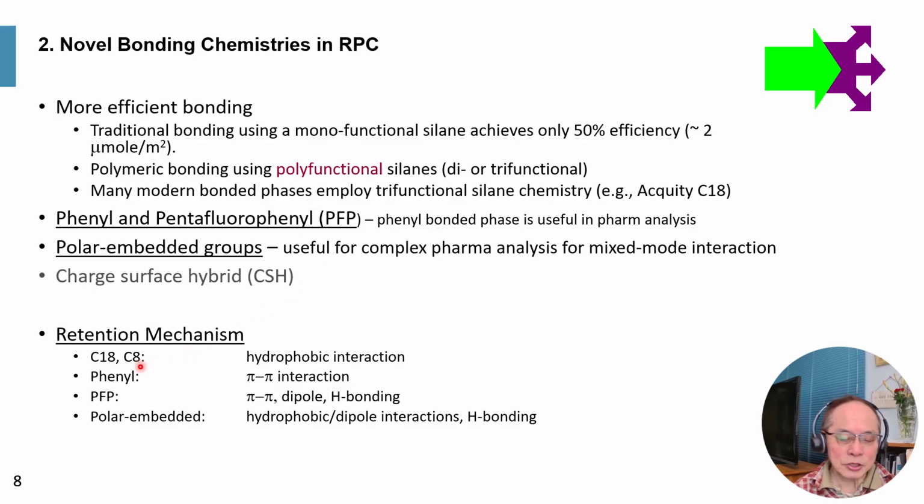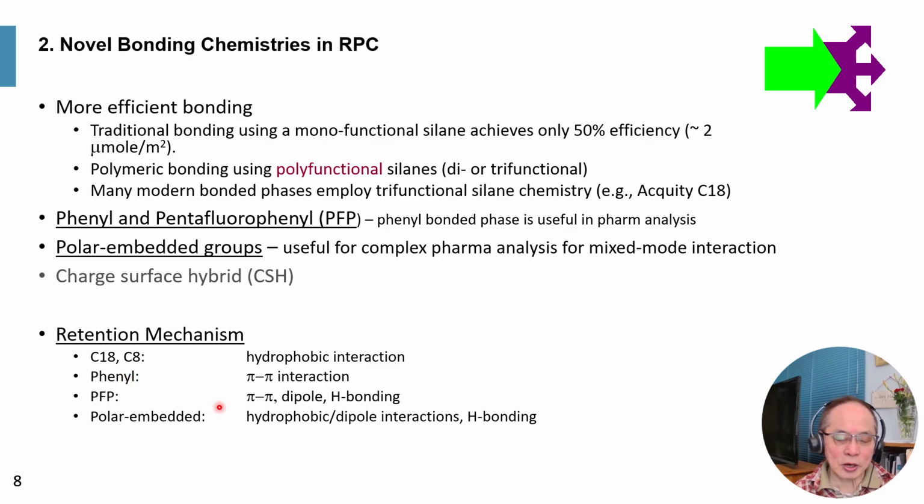So in terms of retention mechanism, C8 and C18 are mostly using hydrophobic interaction, very simple dispersive forces as the retention mechanism. Phenyl can have pi-pi interaction because of the phenyl ring.